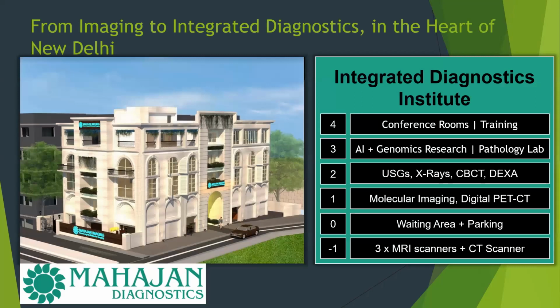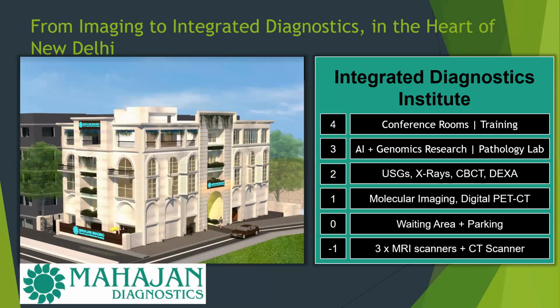So lastly, this is the beautiful place from where I come. This is located in the sub-urban development area, and briefly telling you, this is located right next to the IIT flyover. Whenever you get a chance, do visit. There is a basement in which we have 3 MRI scanners plus CT scanners, and on the ground floor, we have the waiting area and parking.